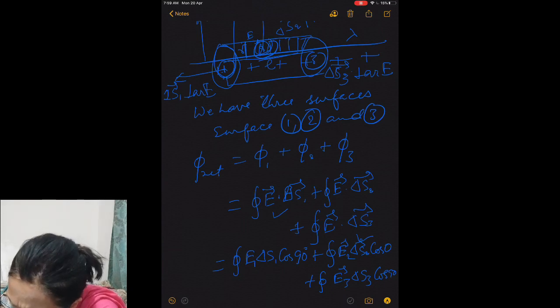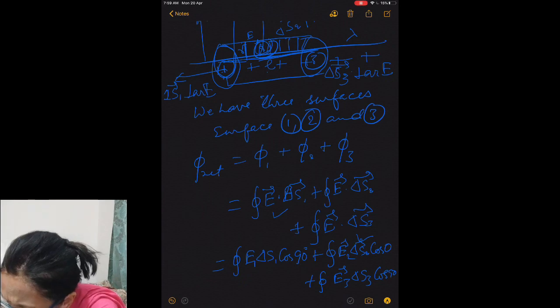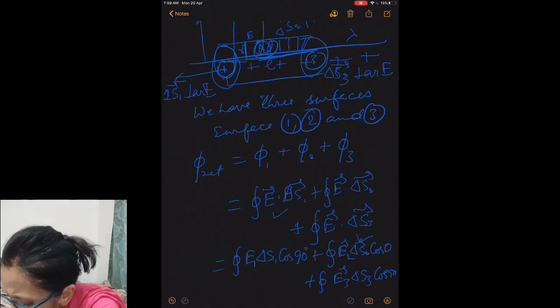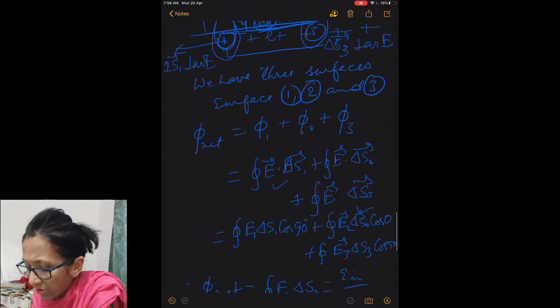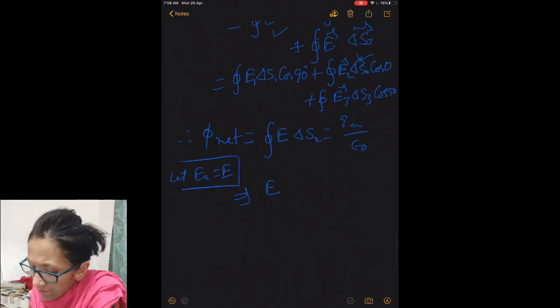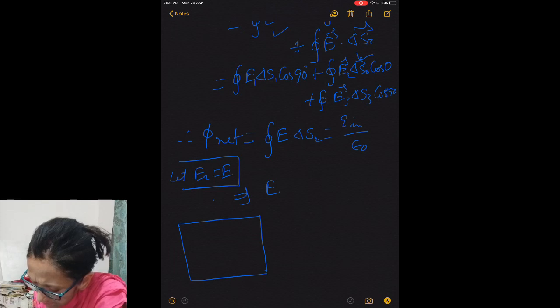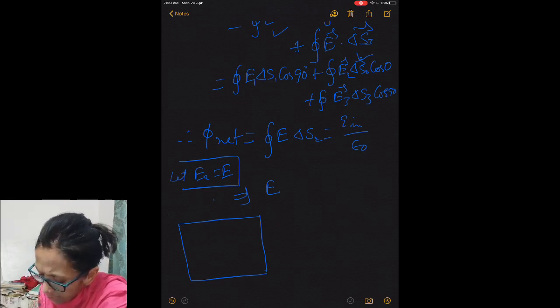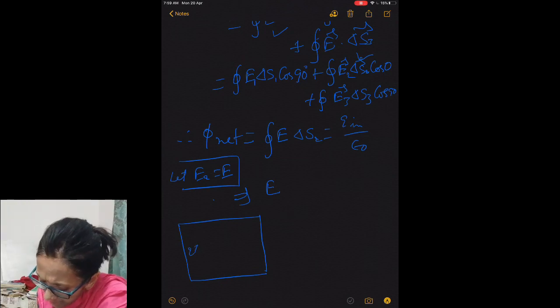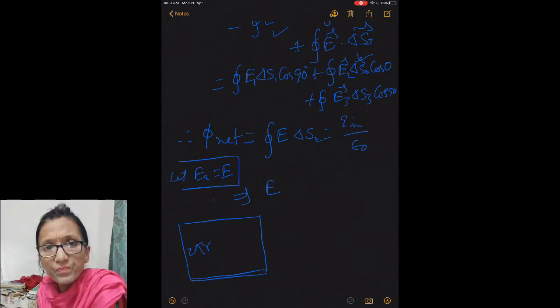Let us suppose that cylinder has radius vector r and its length is L. So when you open this cylindrical shape into a rectangular sheet, the length will become 2 pi r only and length also is given. This becomes equal to this.